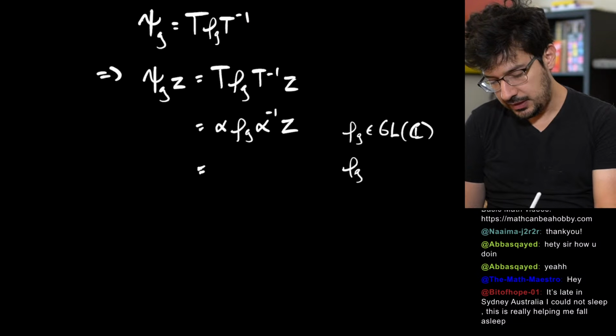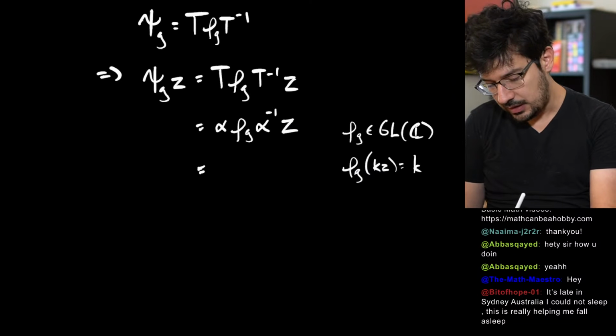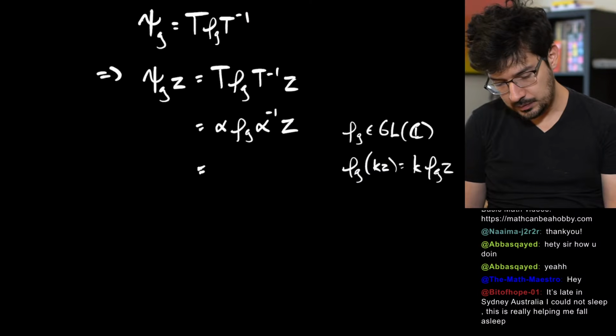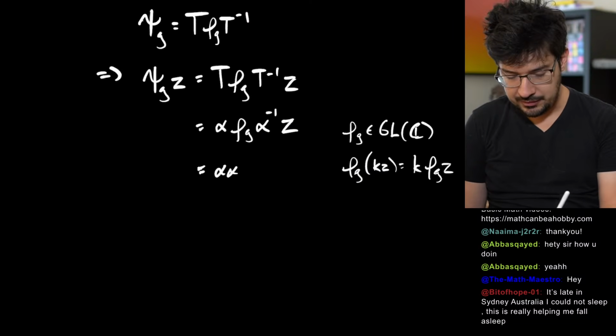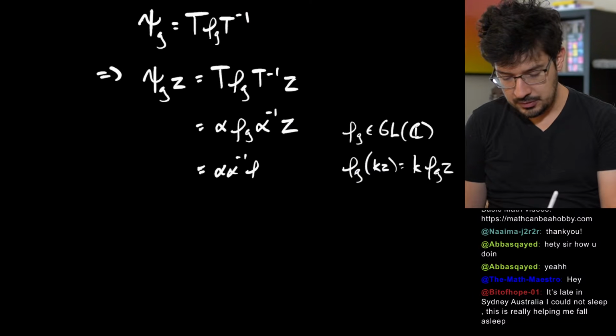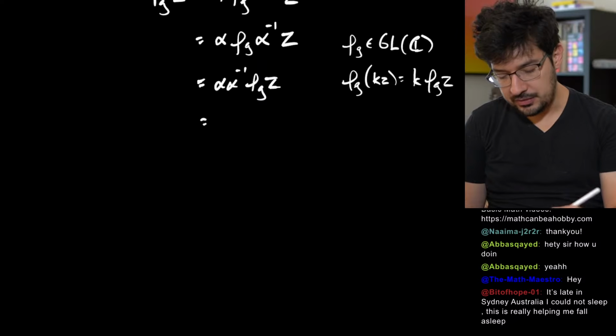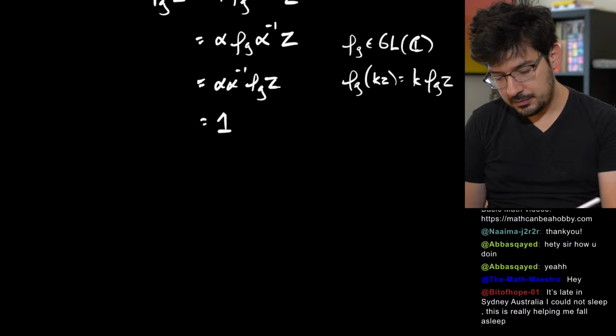So phi times k z, we can factor out scalars. So I can factor out the complex scalar alpha inverse, and alpha inverse inverts to 1.